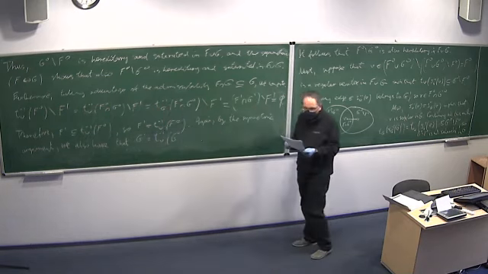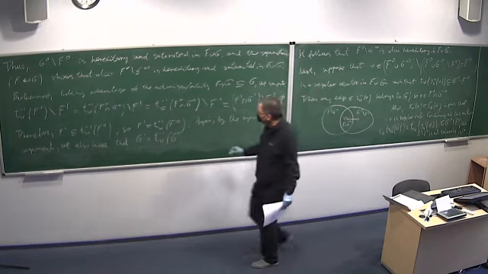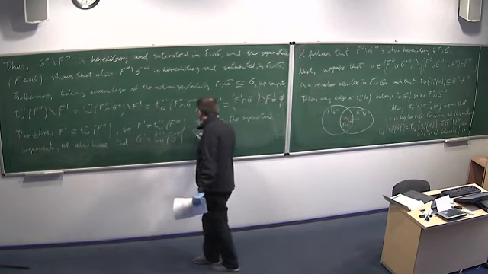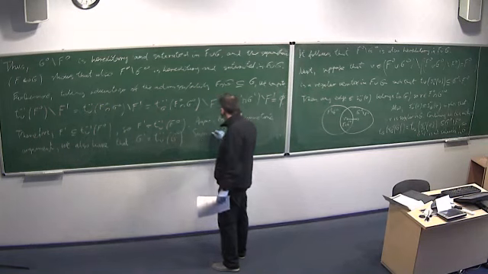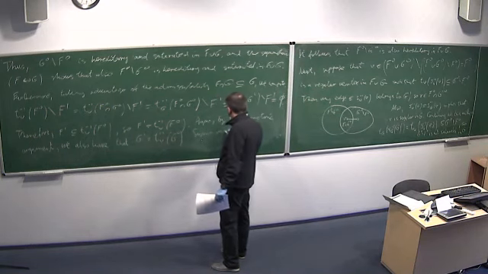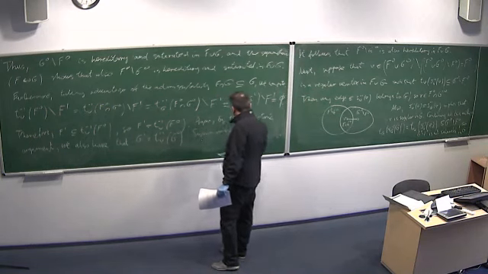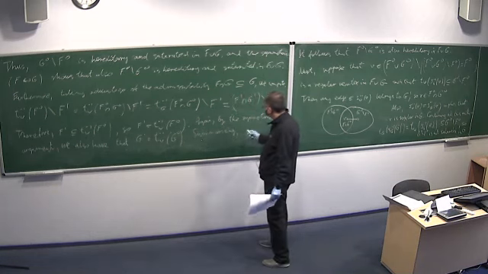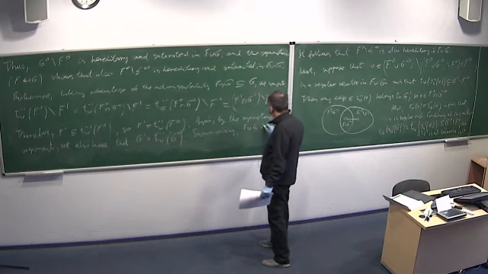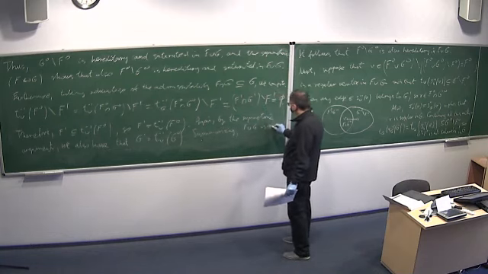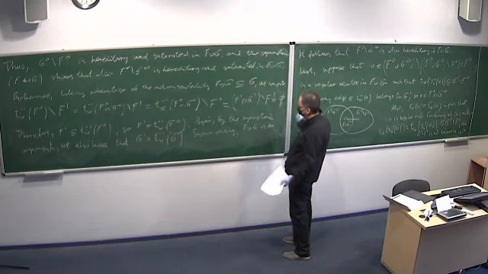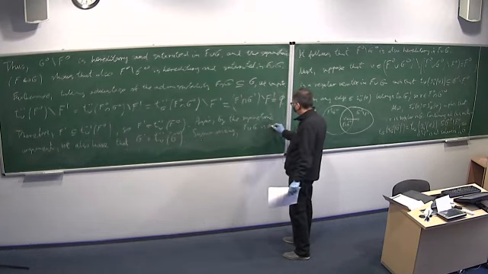Okay? So summarizing, we have proved that the union is admissible. And by this, I mean the union of F with G is admissible.